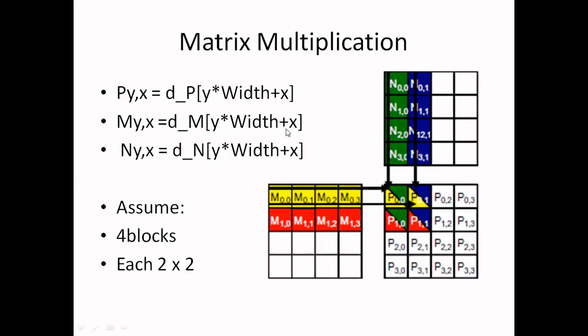Similarly, y into width plus x of N, and y into width plus x of M. So these are M and N, and this is our P, where we are storing the result.